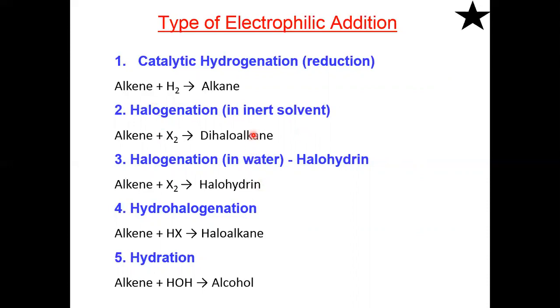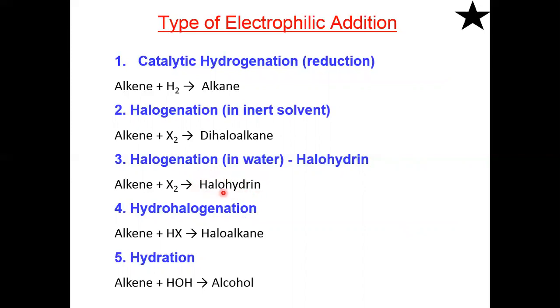It will give different products for both of the reactions.